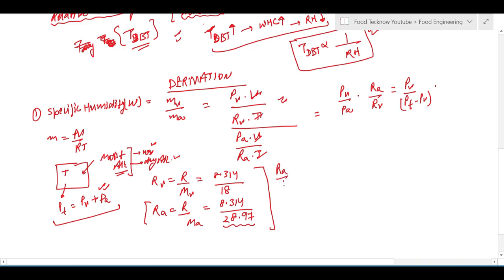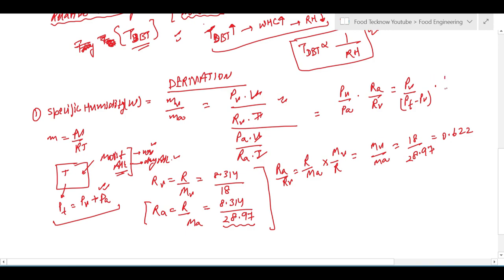So RA divided by RV is equal to R divided by the molecular weight of air into the molecular weight of water vapor, that is Mv divided by Ma. So Mv is the molecular weight, that is 18, divided by 28.97, so it will come out to be 0.622.